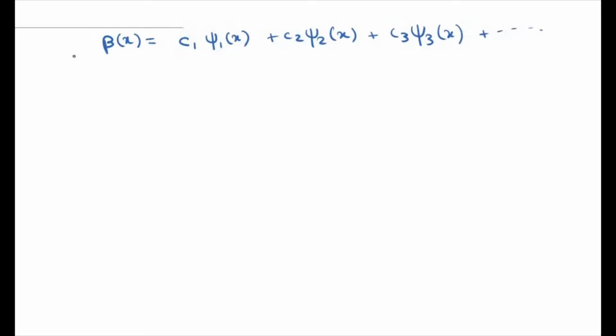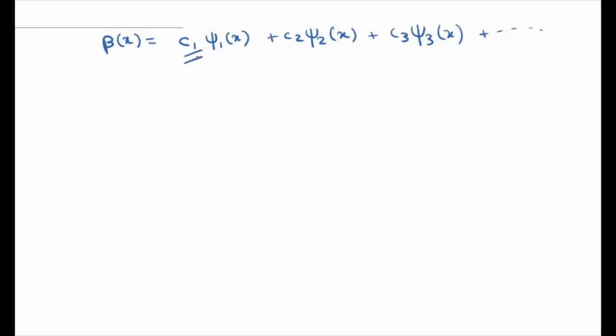So I repeat again that beta x is a wave function of the system that satisfies the boundary condition and that it satisfies the complete Schrodinger's equation, and beta x can basically be broken down in terms of the eigenstates of the system like this. Okay, because the eigenstates are basically a complete orthonormal set or orthogonal set. So it's actually fairly easy in this case to compute these constants C1, C2, C3.